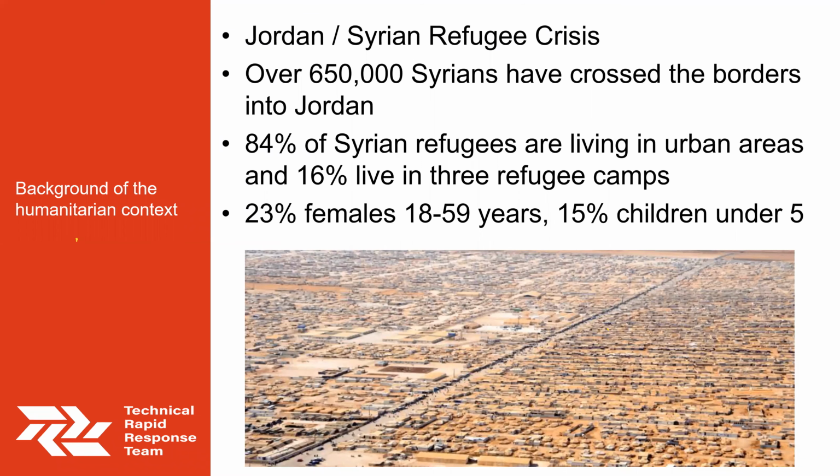So, with the first slide, what you're seeing here is a data camp. Since the beginning of the emergency in Syria, over 650,000 Syrians have crossed borders into Jordan. They were either living in the host community or in refugee camps. 48% of those refugees originated from Daraa.